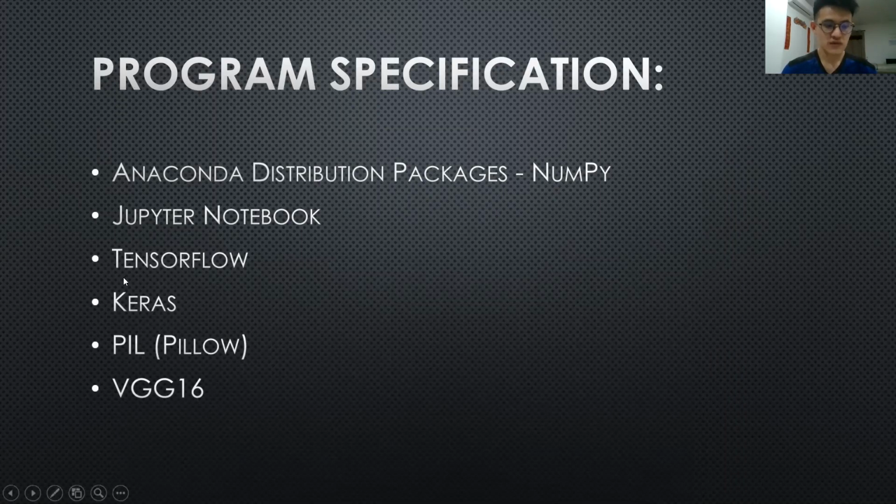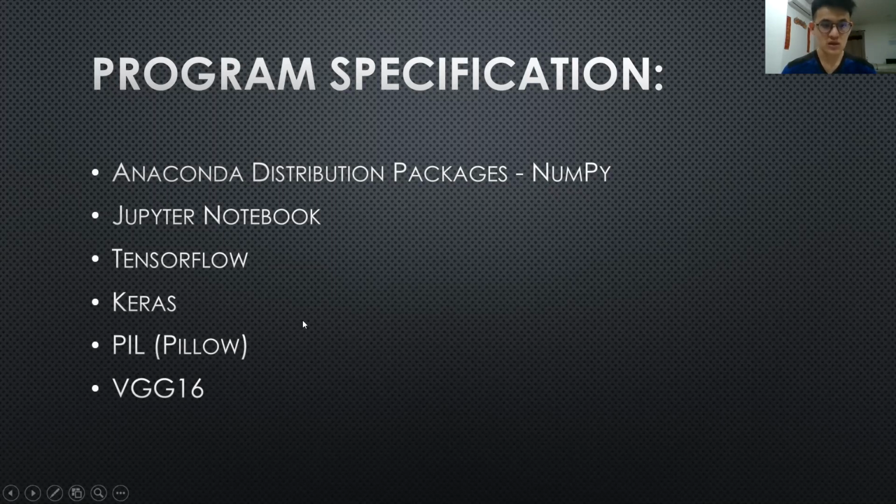We use TensorFlow, the deep learning framework, to run our model, as well as Keras, a high-level library. So we will be importing a lot of functions from Keras. PIL is the Python Imaging Library, now called Pillow, which we use to manage our images.